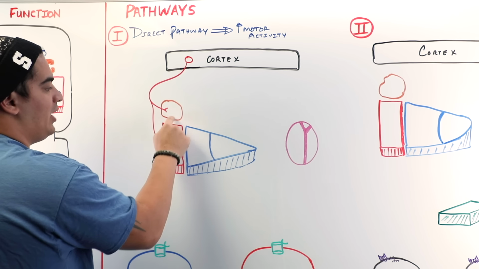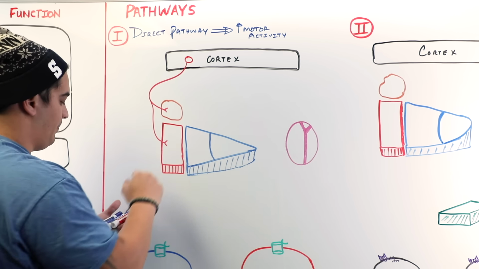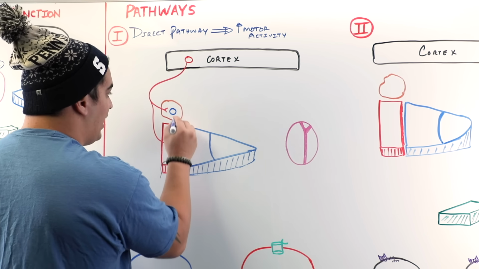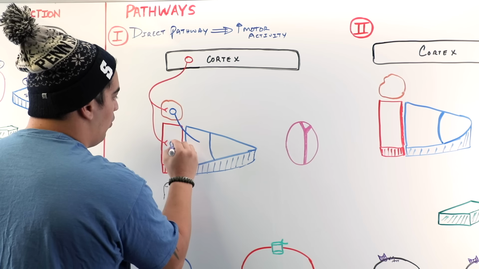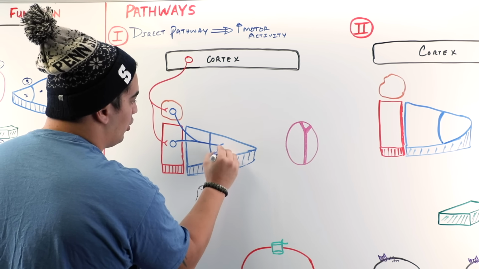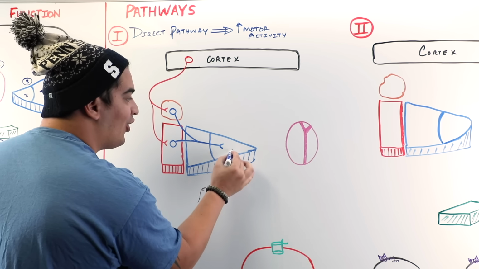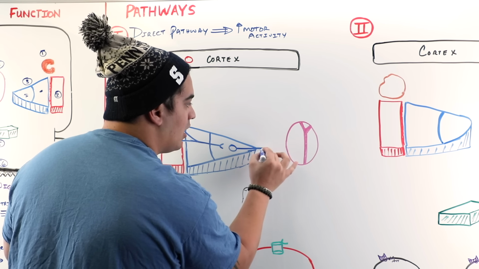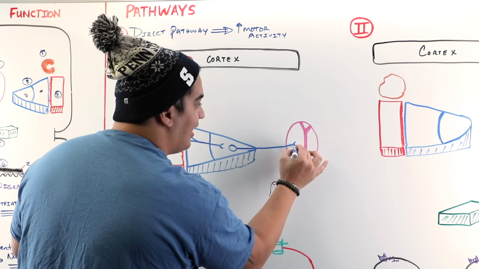Do you guys remember what the striatum was? It was made up of the putamen and the caudate nucleus. Then the neurons from the putamen and the caudate nucleus will move towards the globus pallidus internus. Then from the globus pallidus internus, these neurons will go to the thalamus.